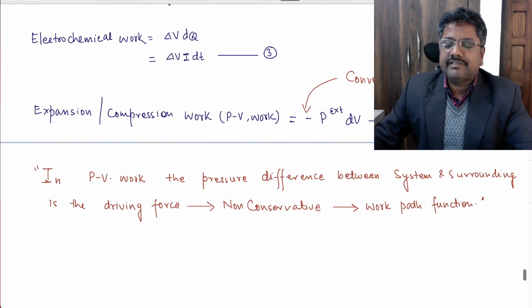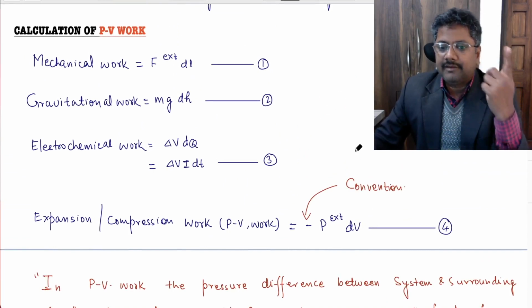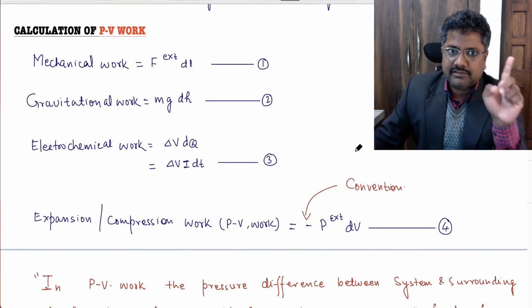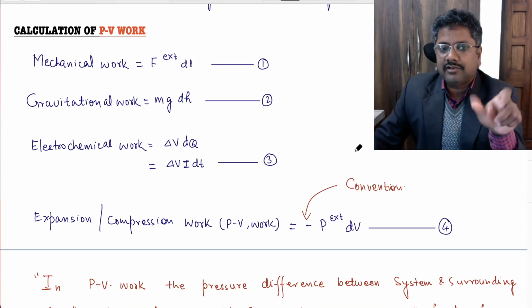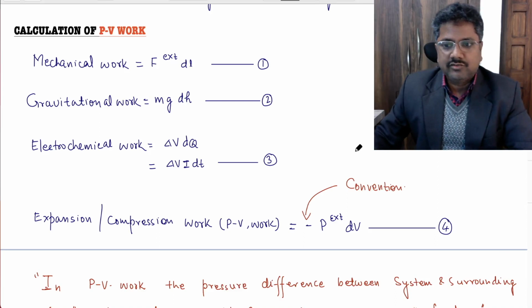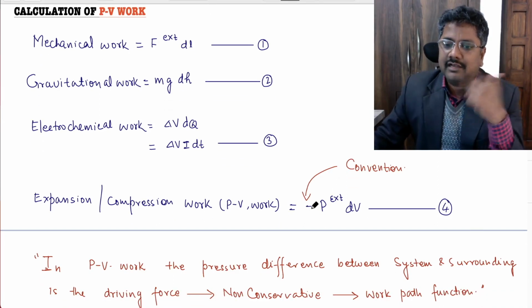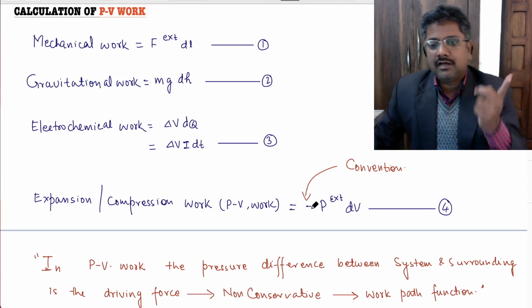And this negative sign is a convention, derived from the sign convention for energy change of the system that I taught you in the previous lecture. If you don't put this negative sign here, you cannot justify the above discussion.